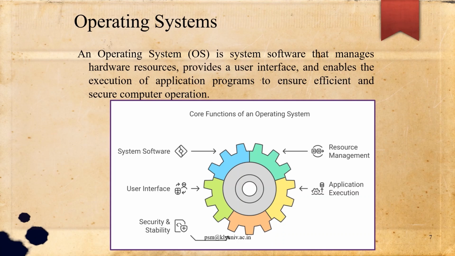For example, I want to print a letter which I have typed in MS Word. The moment I click print, that MS Word software has no access to the printer. The printer is a resource, and only the operating system has full control of it. So your application software like MS Word sends this request to the operating system. The operating system then takes the task and carries out the printing function.